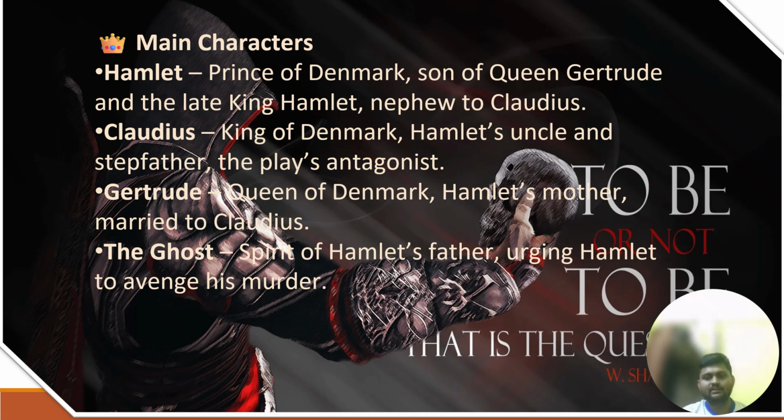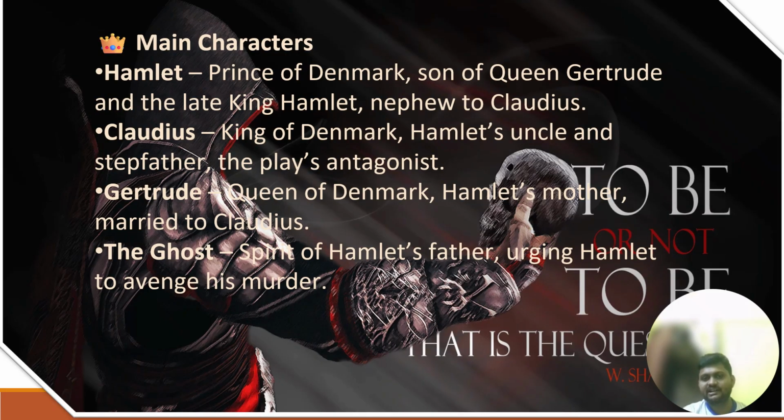Now let us talk about the main characters which are present in the play. The first character is Hamlet, who is Prince of Denmark and son of Queen Gertrude and late King Hamlet. Hamlet is also nephew to Claudius. The second character is Claudius.